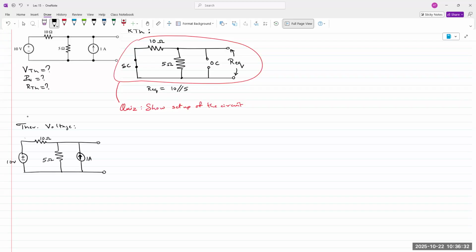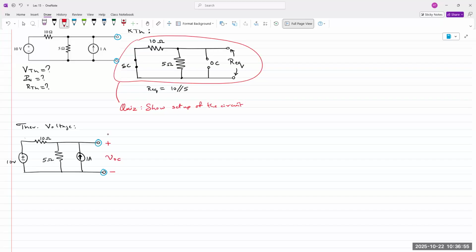All we need to do for Thevenin voltage is identify our terminals of analysis. In this case, it's easy. Our terminals of analysis are right here. And so we need to find the voltage between these 2 points.